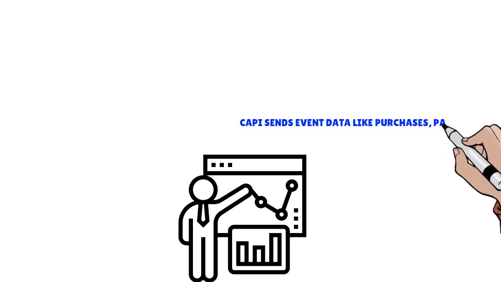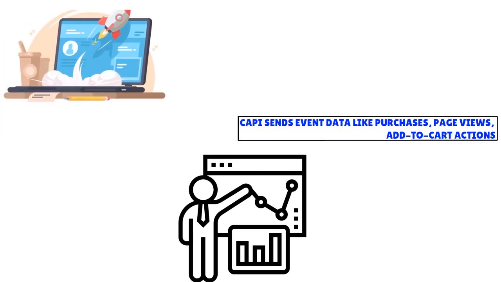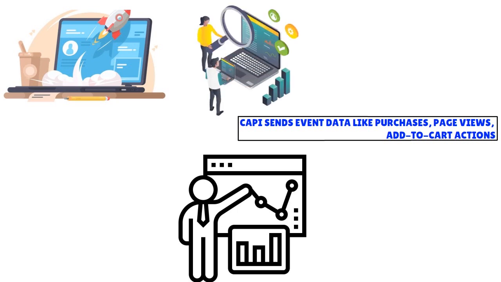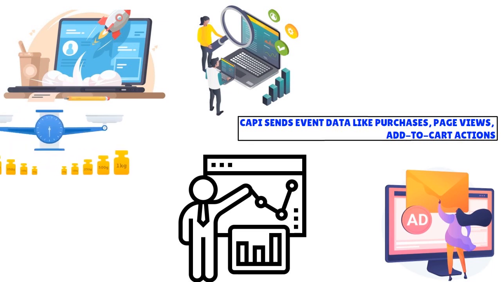CAPI sends event data like purchases, page views, and add-to-cart actions, and more directly from your website to Meta. This data is then used to determine your event match quality, your EMQ score, a number that many advertisers haven't even heard of. This is important from a scalability point of view.